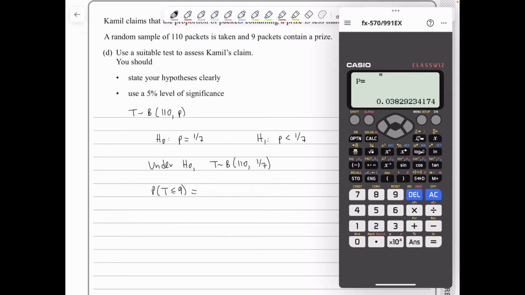So this will give me the probability, which is 0.0383, which is less than the significance level of 0.05. And therefore we say that this is significant. We reject H naught, and we need to conclude in context there is evidence to support Camille's claim.